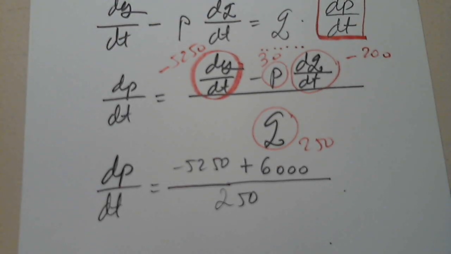You don't have to do anything, just plug it in the graphing calculator with parentheses around the numerator, please. 5250. And then, of course, I forgot to put minus. Insert. Good. And then plus 6,000. Close the parenthesis and divide by 250.